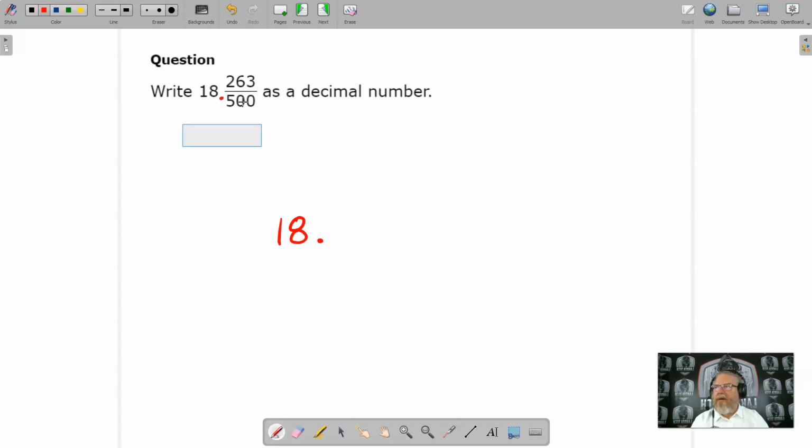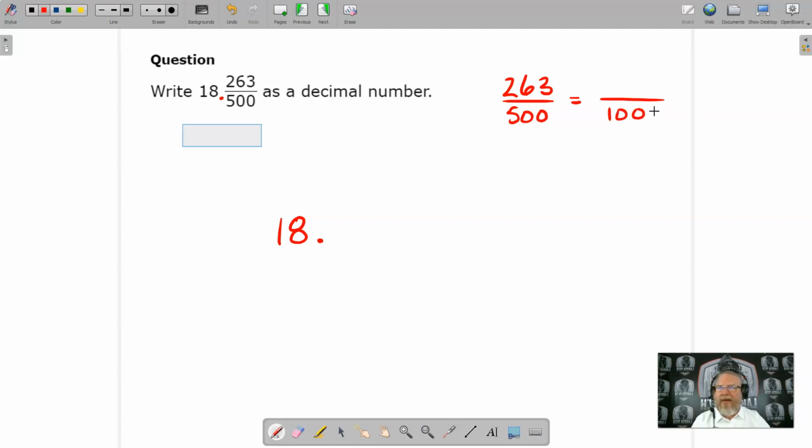Now our next question is turning this into a decimal, correct? Well, 500 is a multiple of 10, but it's not a 1 that's there. So let's consider a strategy. Let's do some work up here in this upper right hand corner. If I have 263 over 500, now if I wanted to get to something with a 1 with some zeros, well, it's got to be at least 500, right?